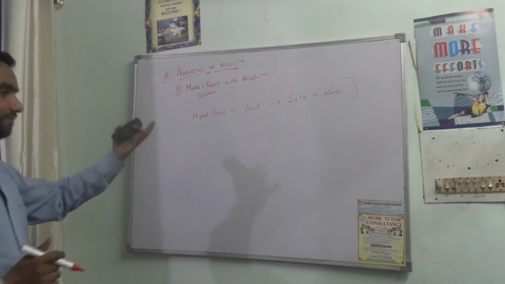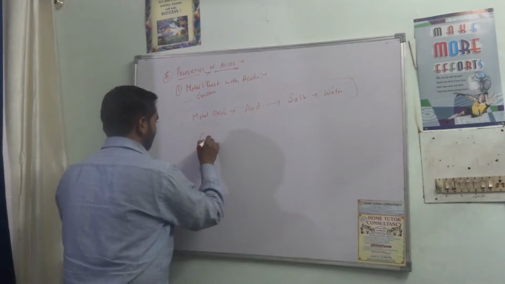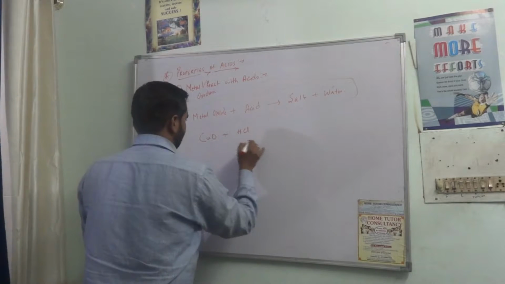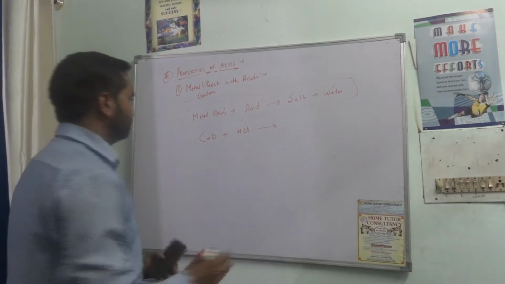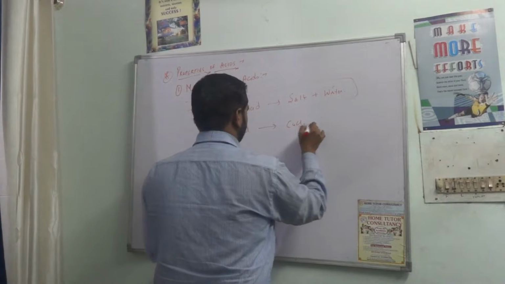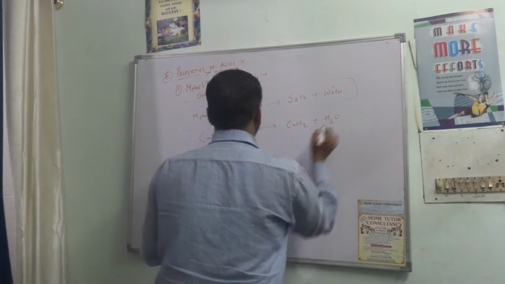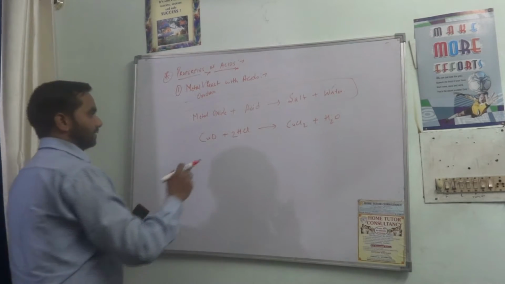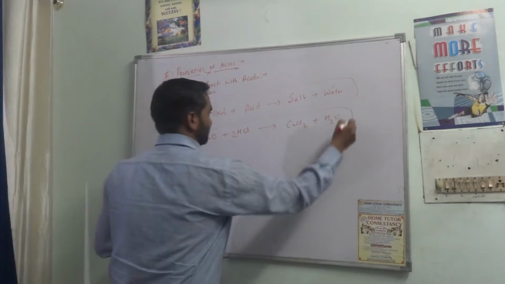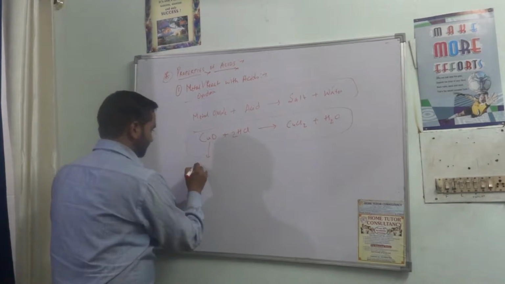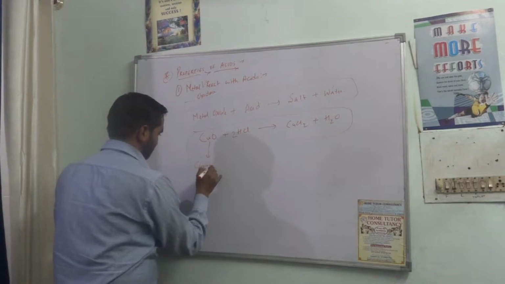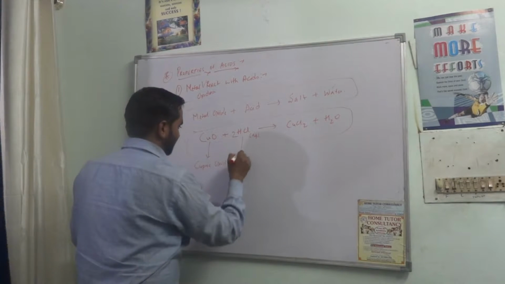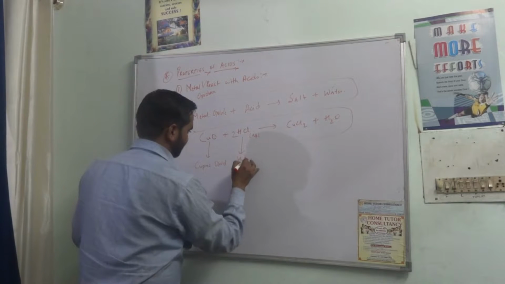Let me take an example: copper oxide reacts with HCl, then it forms CuCl2 plus H2O. To balance this equation, we have to multiply accordingly. Here CuO is cupric oxide, and it is aqueous with dilute HCl, hydrochloric acid.